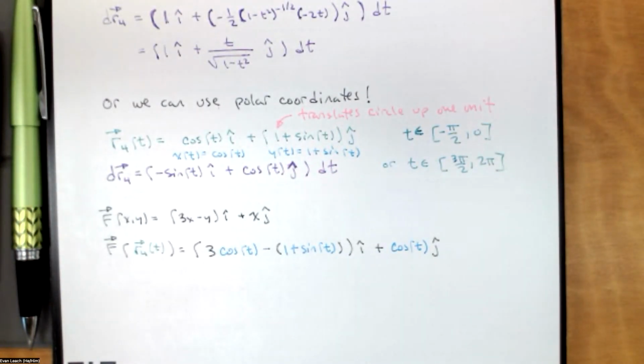So this is what our vector field would look like at all the points on the curve r4.